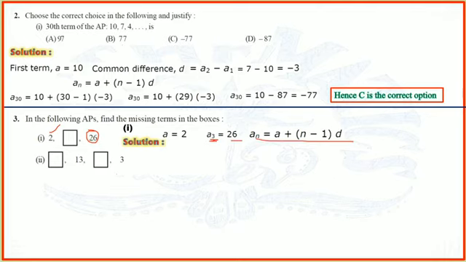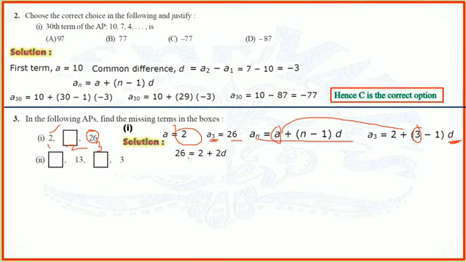We will use this formula and put in the value: a3, that is the third term, equals a, which is 2, plus (n minus 1) into d. How many terms are there in total? 1, 2, 3, so n is equal to 3. d we don't know, and that is our requirement. The last term, the third term, is 26.